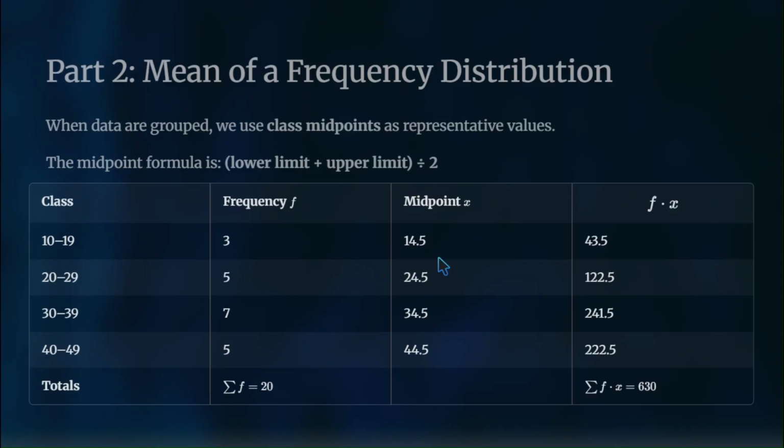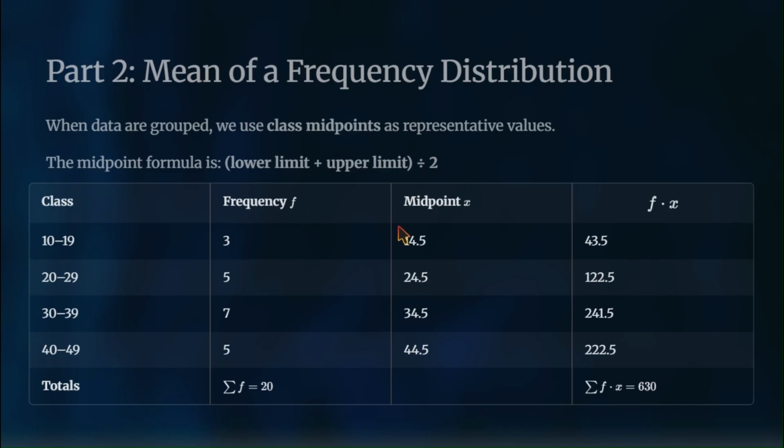Or you could simply calculate the first class midpoint and simply add the class width to the subsequent classes, because we know that the class width doesn't change throughout the whole frequency distribution. Now, in order to calculate the mean, we will need to calculate the frequency times the midpoint for each class.